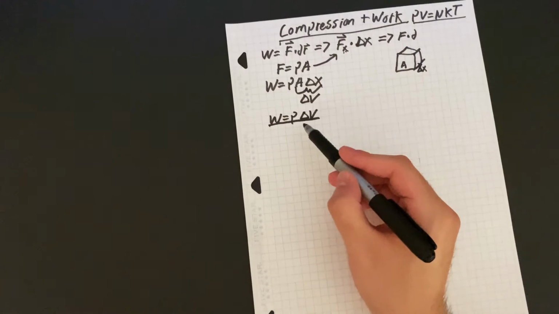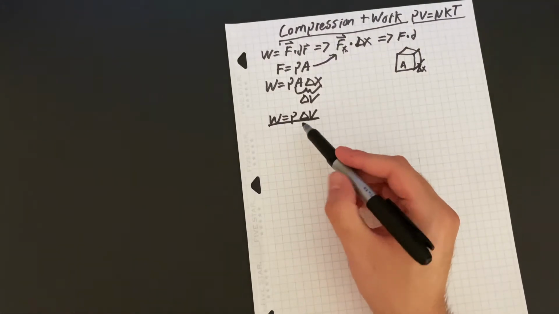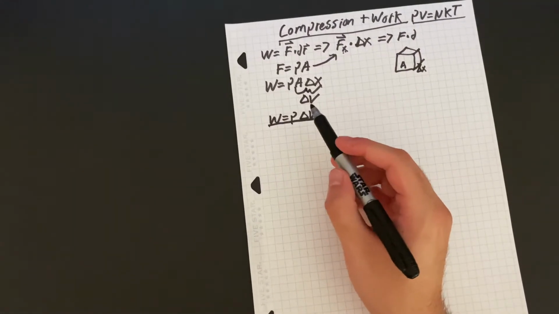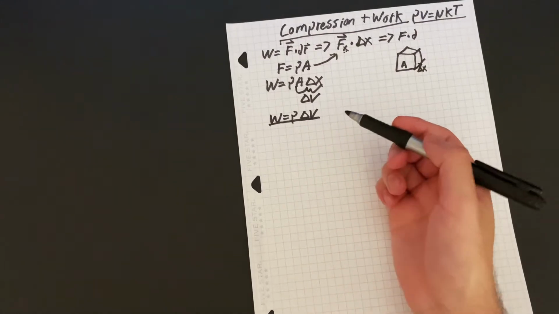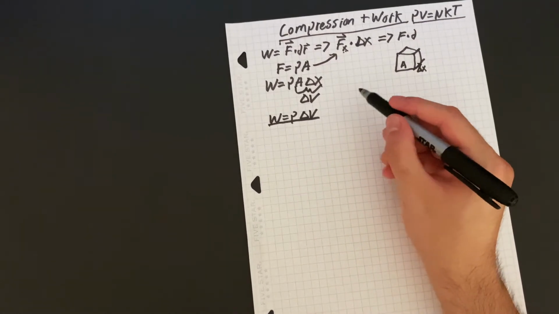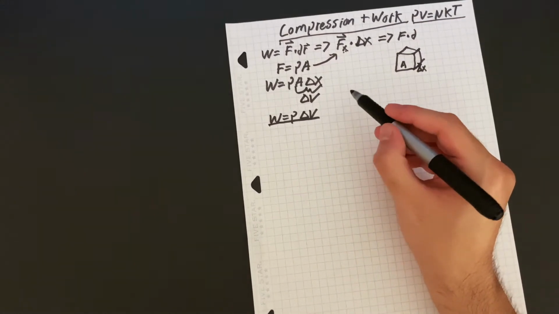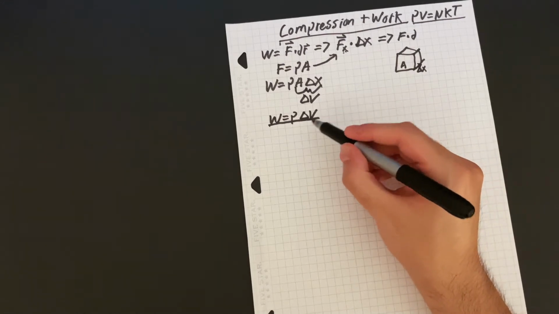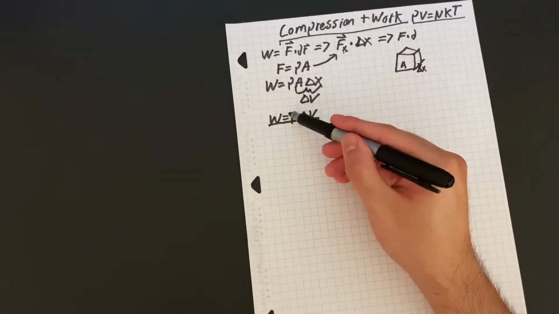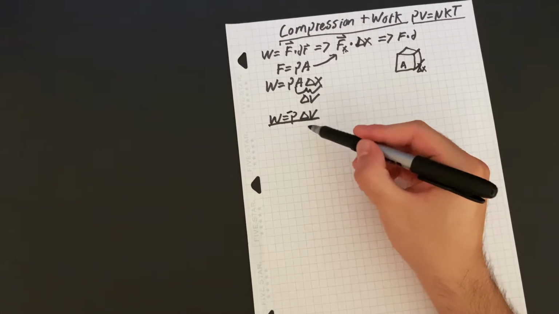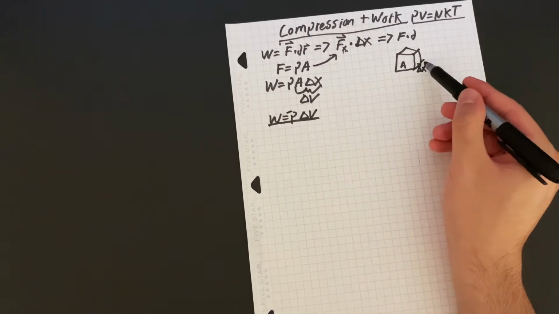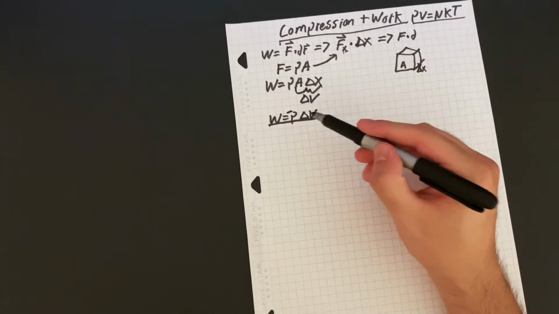Now this is a really good equation to know, especially just for regular basic physics. But let's take it one step farther. Oh, I'm also sorry, this is negative pressure times volume because we're lowering the volume, so it's going to be a negative work done to it.